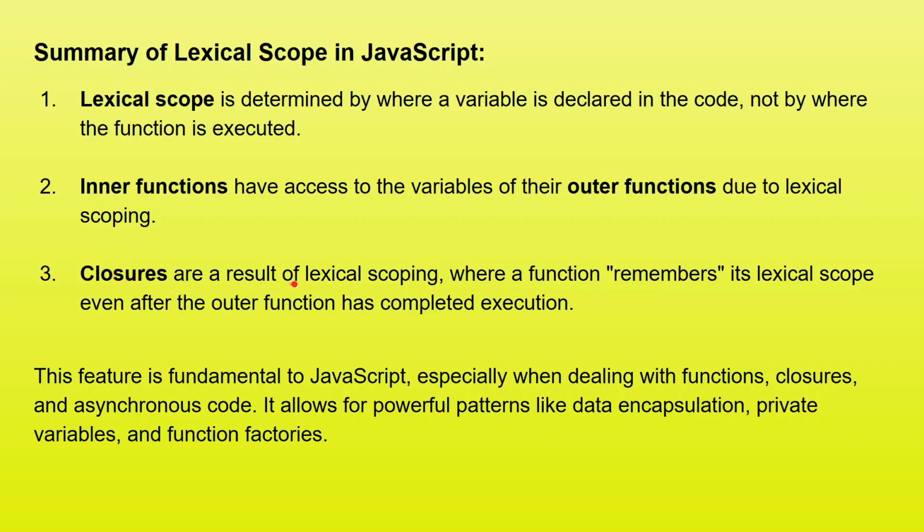Closures are a result of lexical scoping, where a function remembers its lexical scope even after the outer function has completed execution. This feature is fundamental to JavaScript, especially when dealing with functions, closures, and asynchronous code. It allows for powerful patterns like data encapsulation, private variables, and function factories.